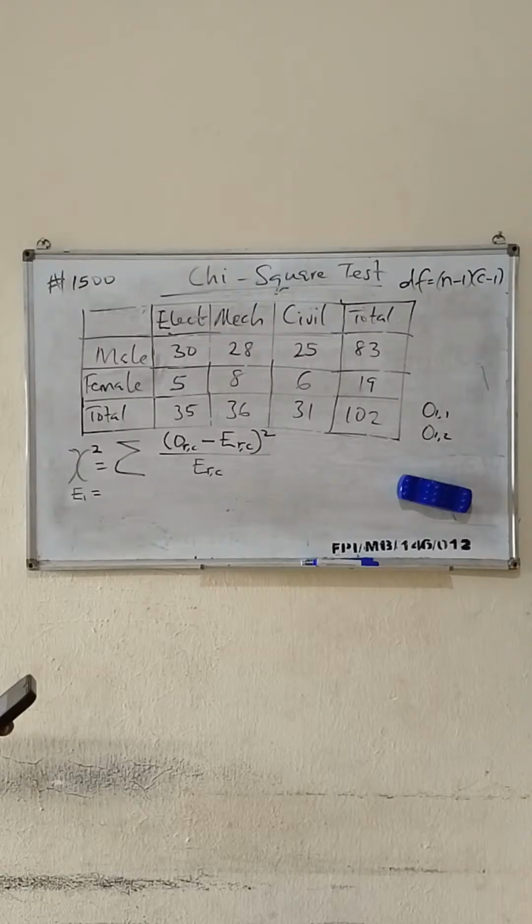Okay, you need to divide by the grand total. That's how it is. Total for the row and total for the column. Look at it. We have 83 here, 35 here. So we are going to use it for each one of them. That's what we are going to do.